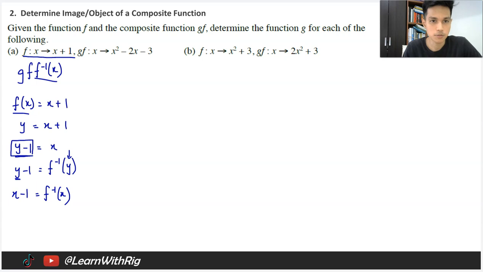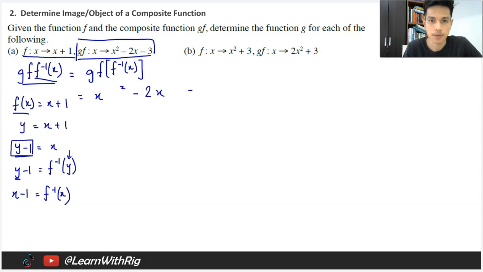Now you have to substitute into this equation. You know that this equals gf inverse, right? So you already have the gf equation, so it's going to be x squared minus 2x minus 3. But this time you're not going to substitute x, you're going to substitute what? F inverse. So it's going to be (x minus 1) squared minus 2(x minus 1) minus 3.